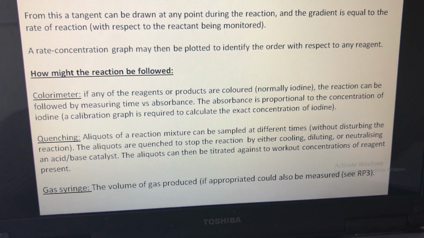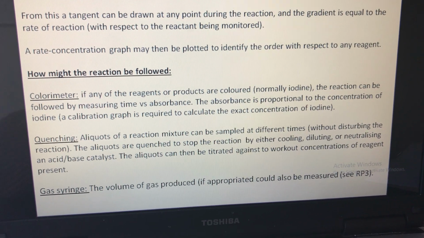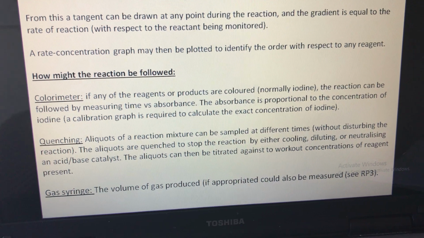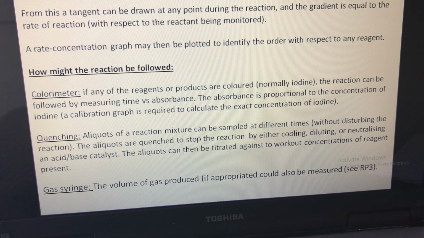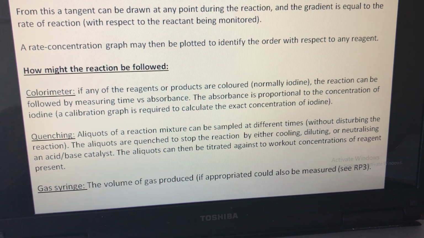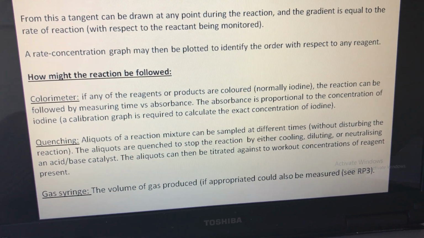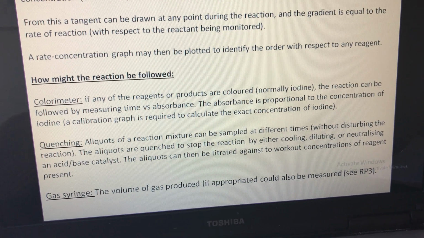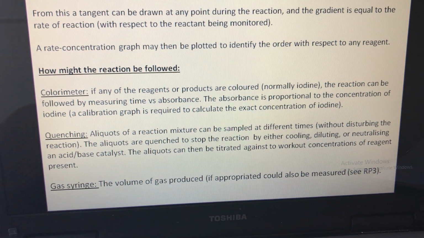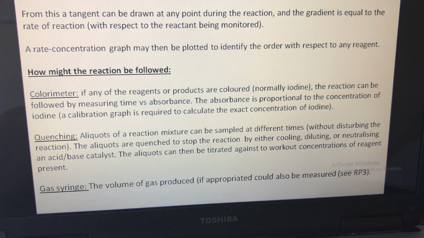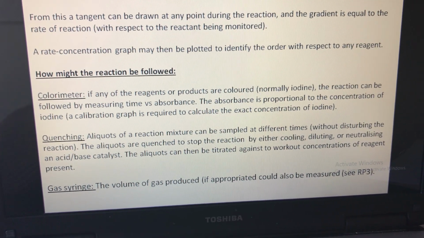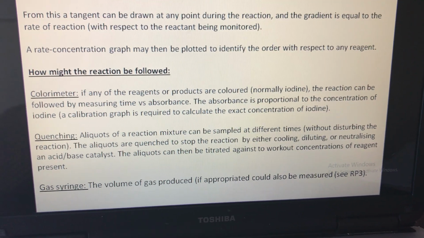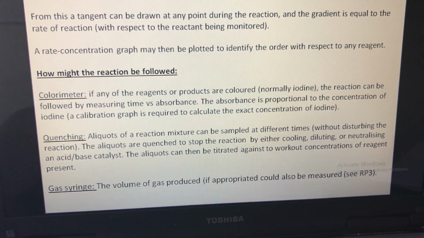At different periods of time, perhaps every 5 minutes, every 10 minutes, every minute, depending on the reaction, you remove 25 cc or whatever portion. It could be that much, it could be much, much less. Those aliquots are quenched to stop the reaction. What that means is you do something to it to stop the reaction happening in that small sample.